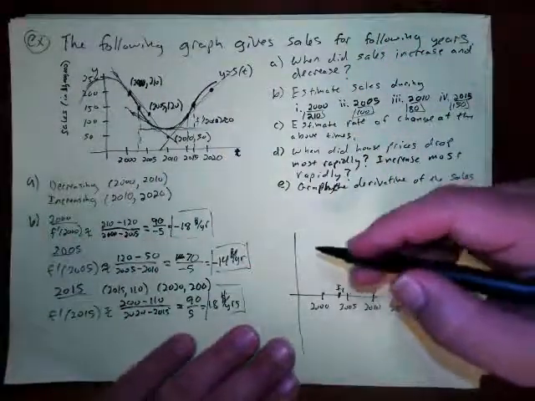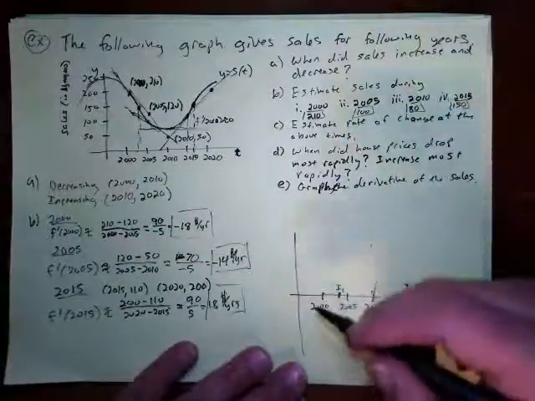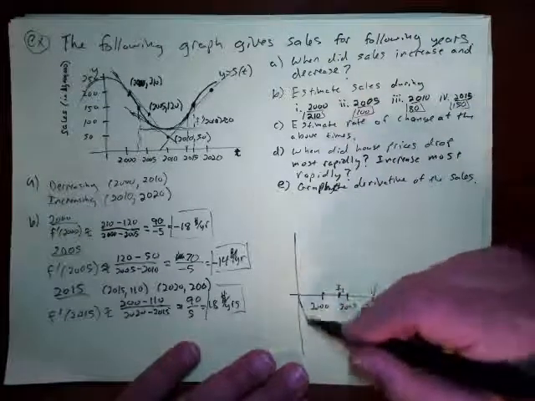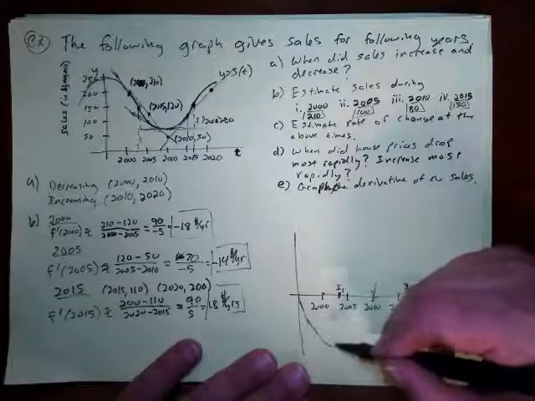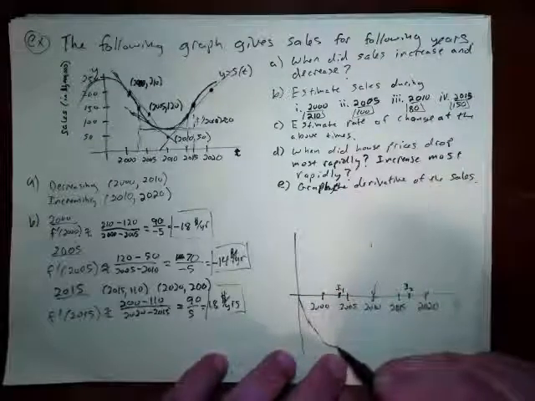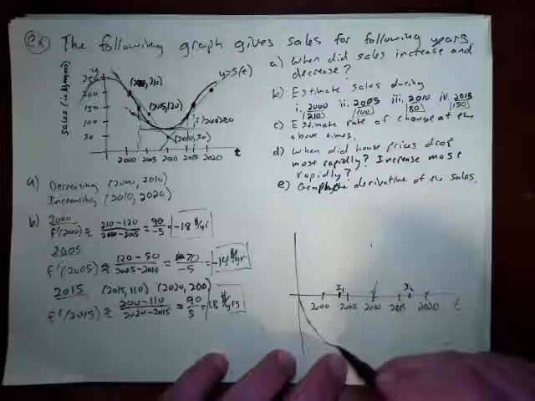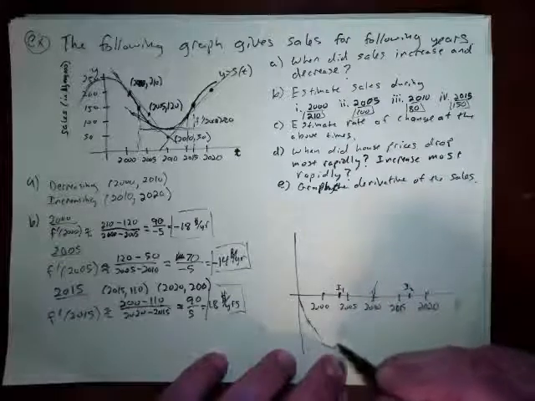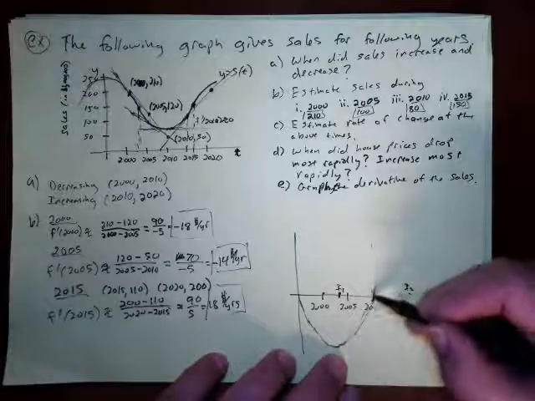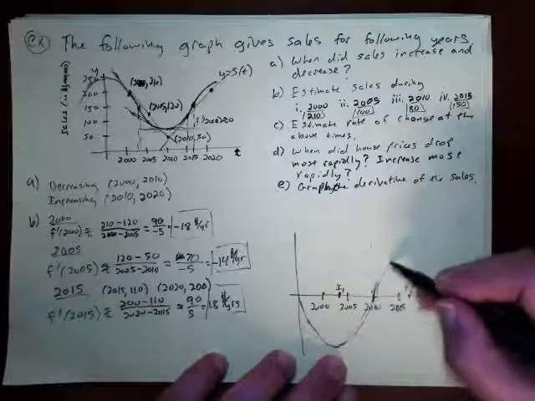Okay, so how are we going to do this then? Well, it starts really close to 0 here, and you come down to this minimum negative rate of change. This is the rate at which it's dropping the fastest, and then it comes up and passes through the axis here, and now it's a positive rate of change that's increasing.